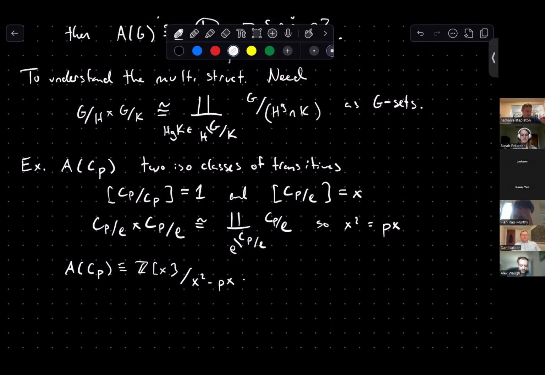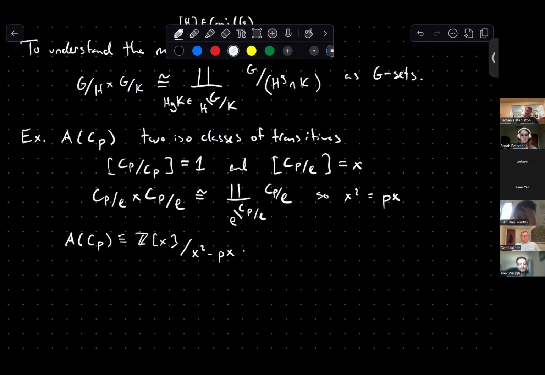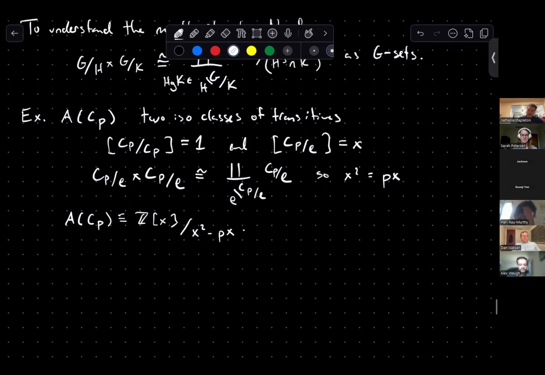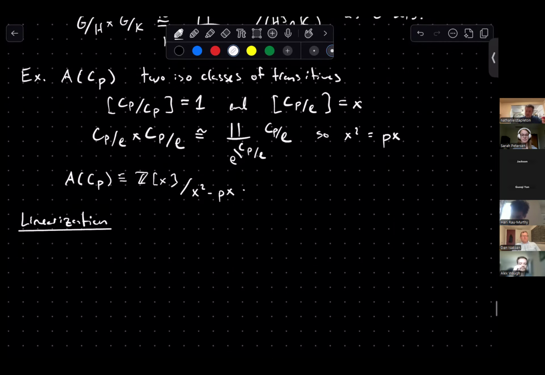And that is in contrast to the representation ring case, in which case the rank of the representation ring of CP was P. And there is a close relationship between Burnside rings and representation rings. There's a linearization map, which is going to come up a few times today because I just want to continue to explain how all of these things are related to each other.